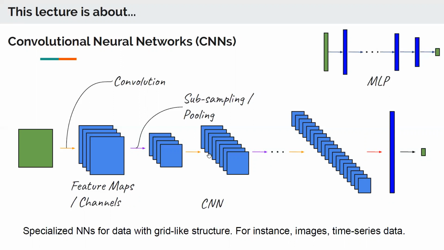What changes in a CNN, first of all, is that we have a matrix as our input, and then instead of this fully connected layer, we have what is known as a convolutional layer. This is followed by what is known as subsampling or pooling layers, and then we stack these together. So then we have convolution, pooling, and we can have several of these.